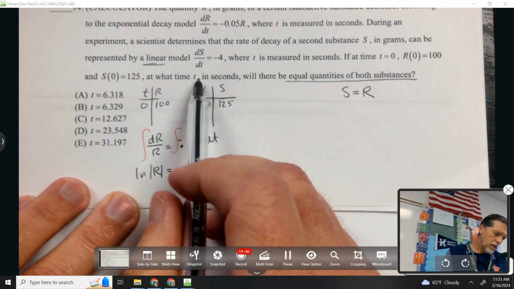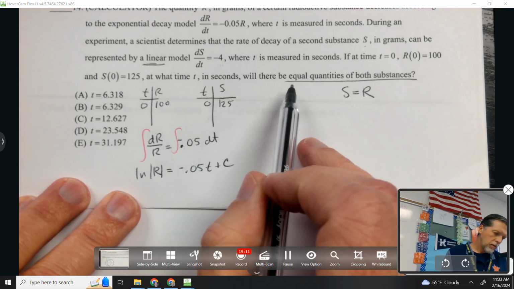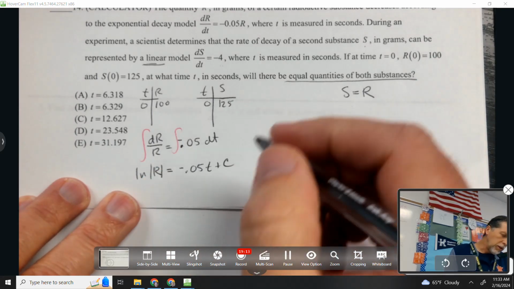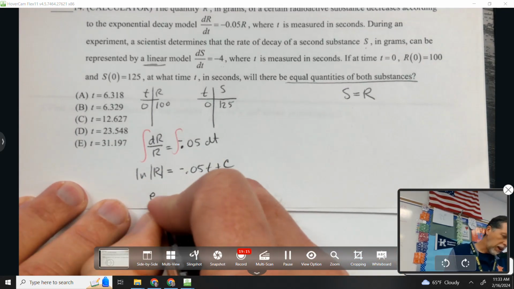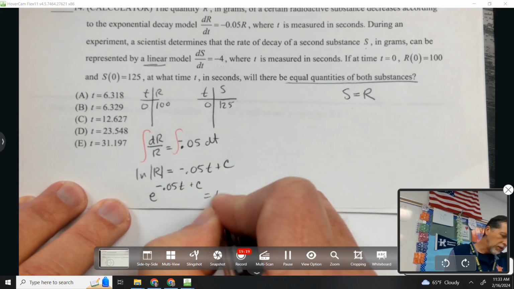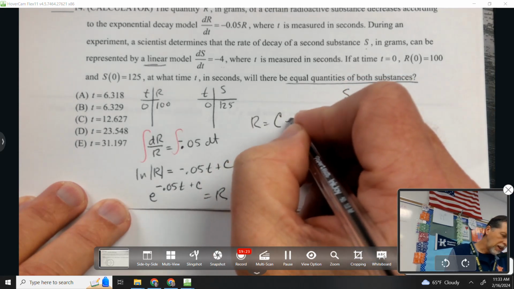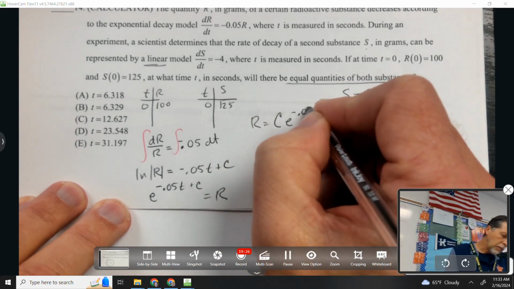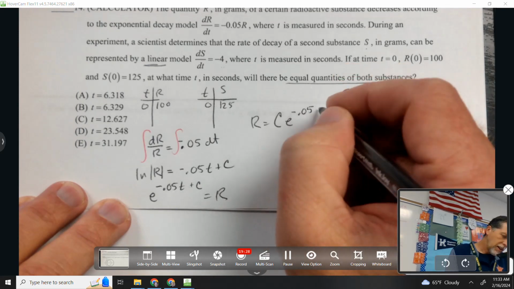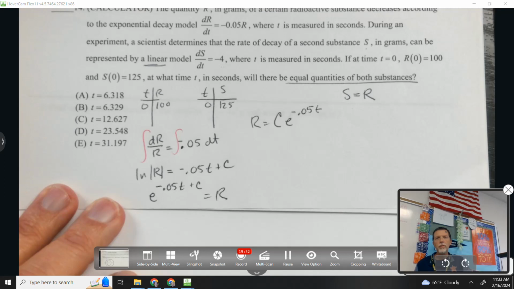Okay. So let's do the loop-de-loop thing. So e to the negative 0.05 t plus c equals R, which means R is equal to C e to the negative 0.05 t. We're doing our algebra tricks here.